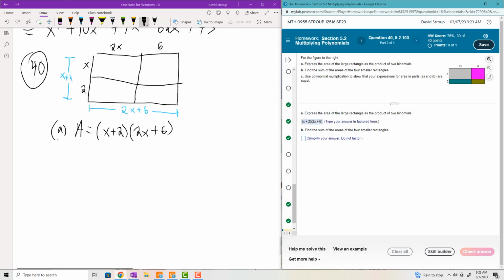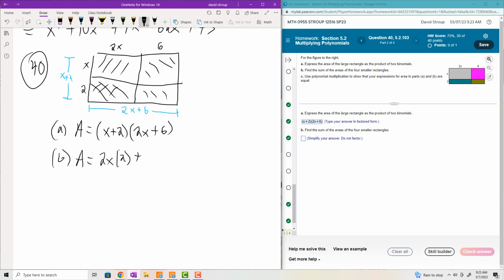Okay. Then they want you to just individually go and find the sum of the area of these 4 rectangles. And to get the area of those 4 rectangles, it's just length times width. So this first rectangle here will be 2x times 2. And then plus this rectangle will be 2x times x. And then this rectangle is 6 times x.